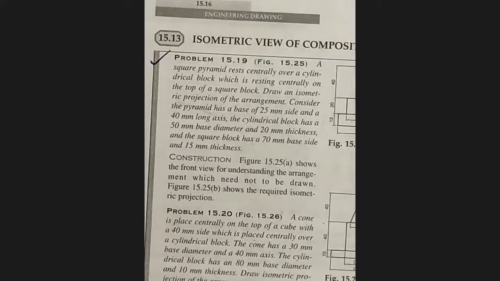The cylindrical block has a 50 mm base diameter and 20 mm thickness, and the square block has a 70 mm base side and 15 mm thickness. Note it down.